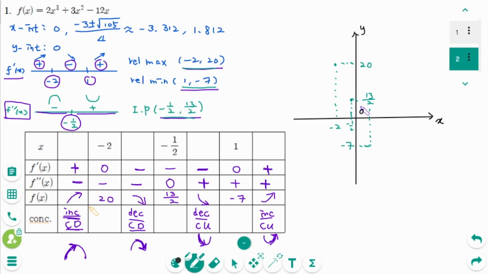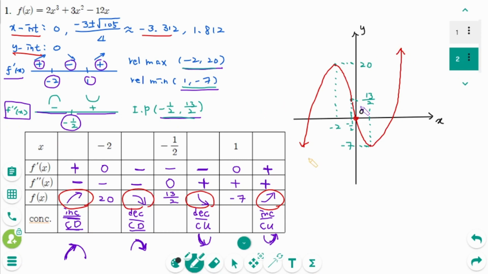The shape of the function is here, like this, between this, concave down, and between here, like this, passes through the origin, x and y intercept, and then increasing and concave up.